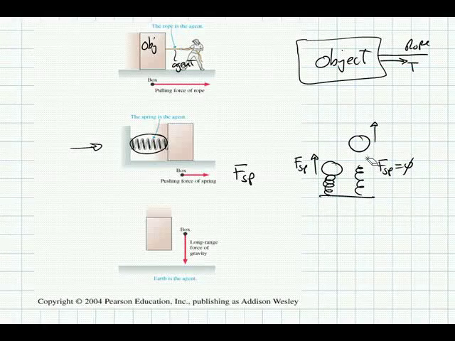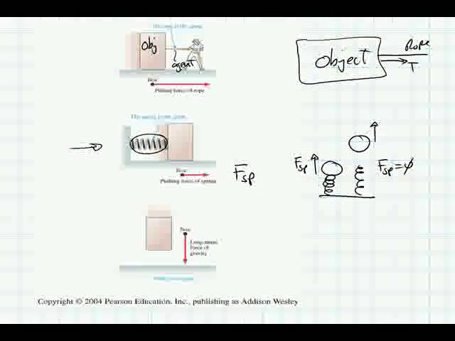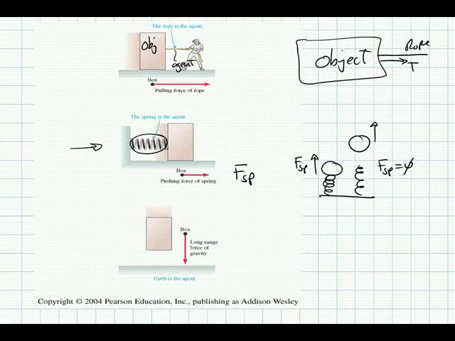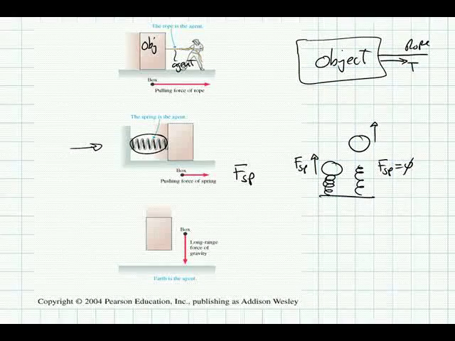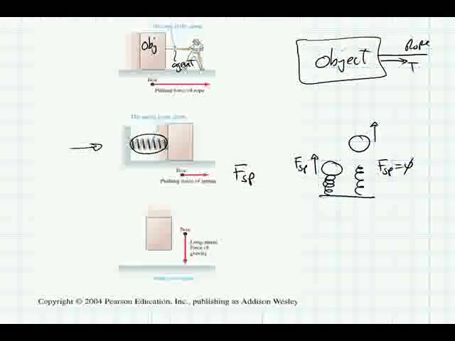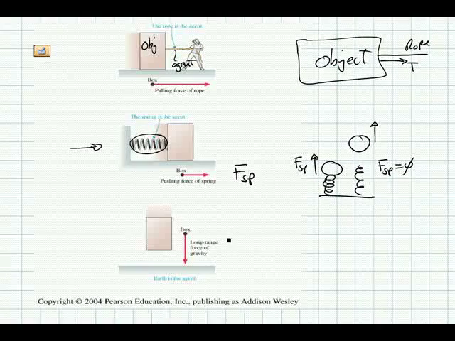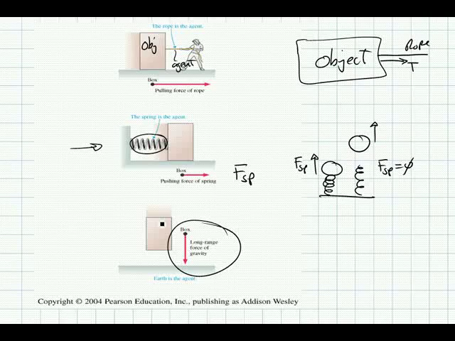So make sure that for contact forces such as spring force, tension, and friction, you have contact between the object and the agent. The only force that does not need contact, in this course anyway, is force due to gravity, or weight, which is the long range force. Every other force, you have to make sure that there's contact between the object and the agent.